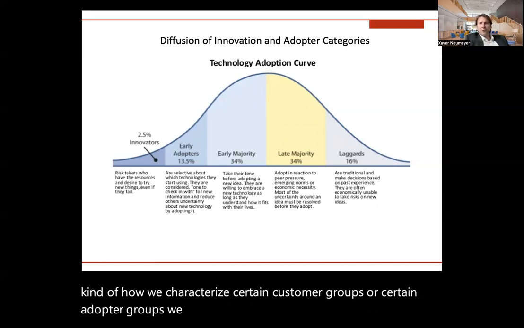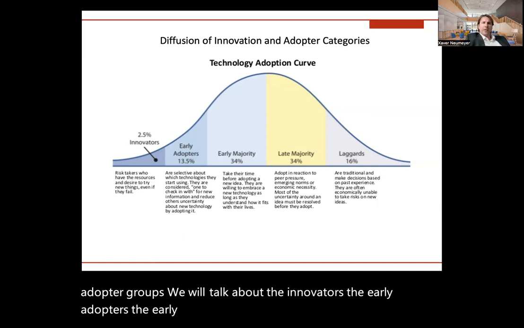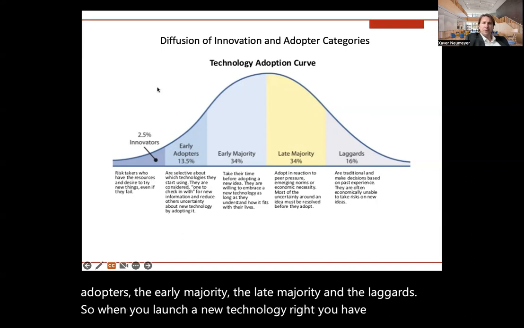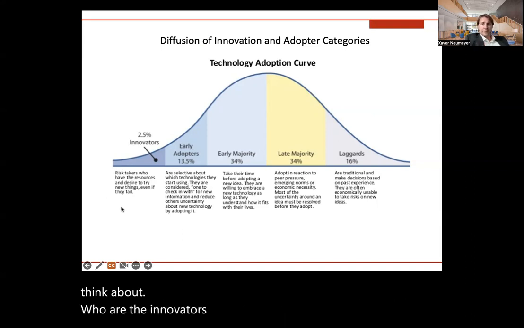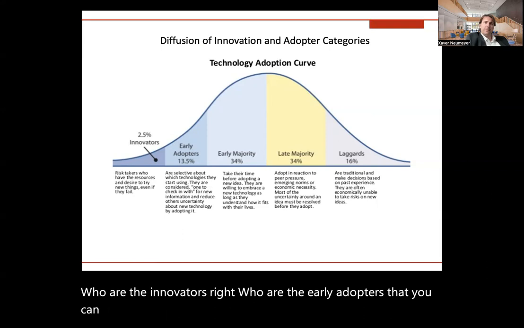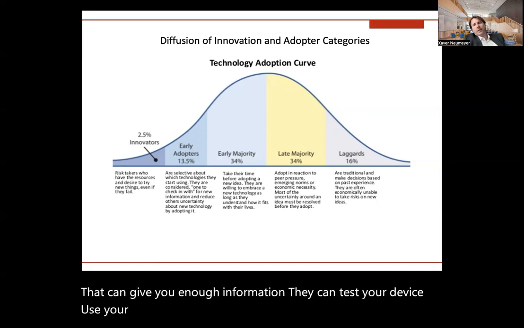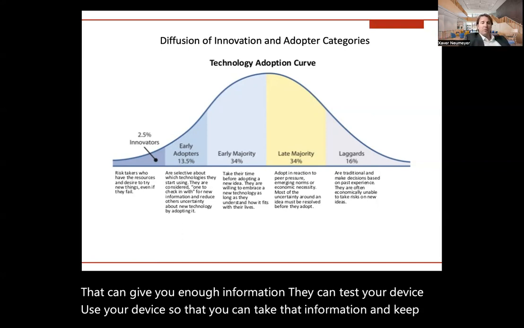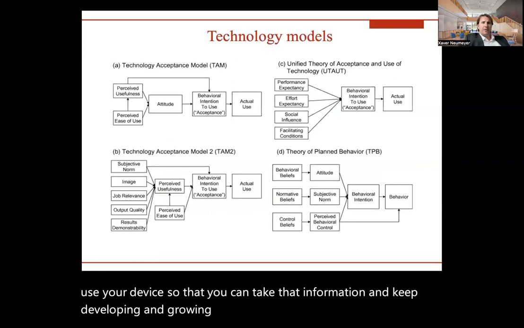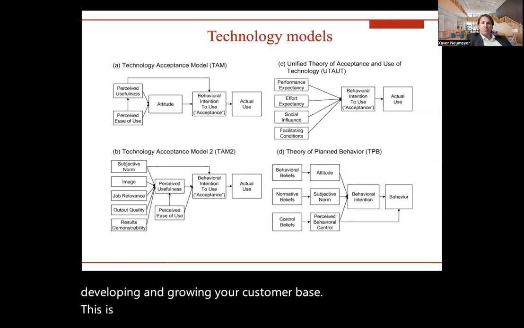So when you launch a new technology, you have to think about who the innovators are, who the early adopters are that you can target. They can give you enough information. They can test and use your device, so that you can take that information and keep developing and growing your customer base.